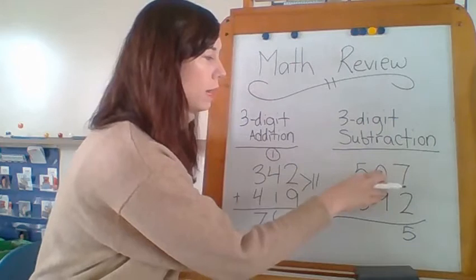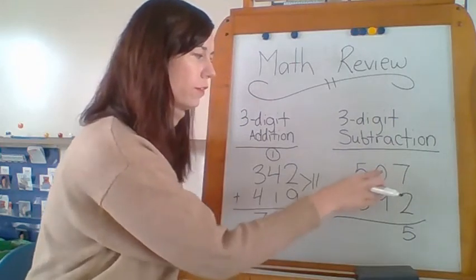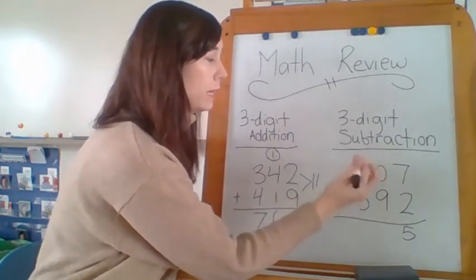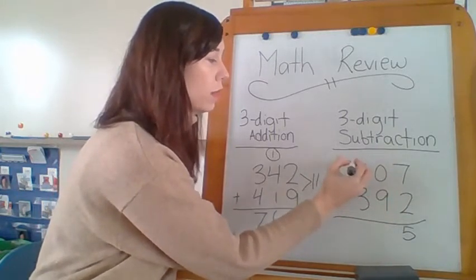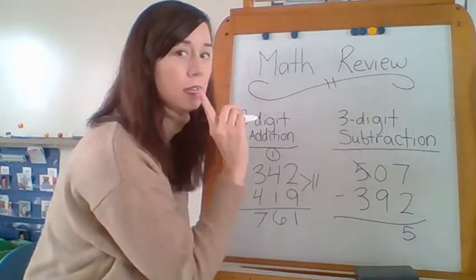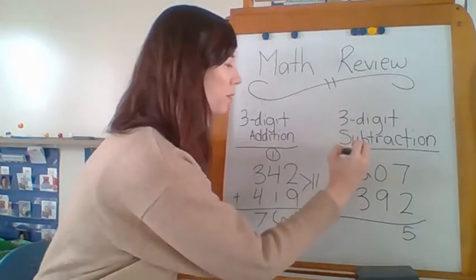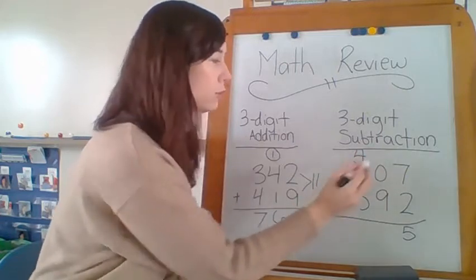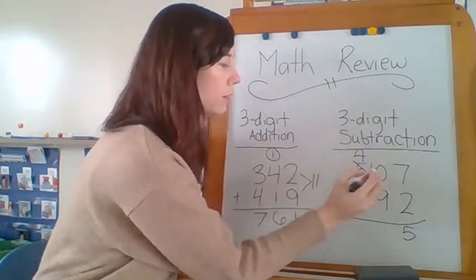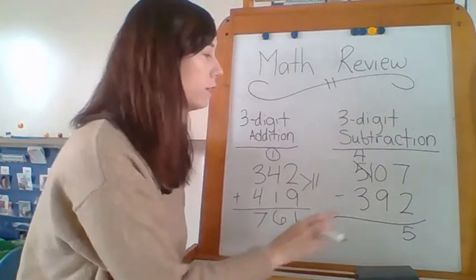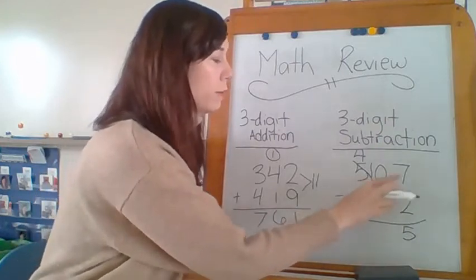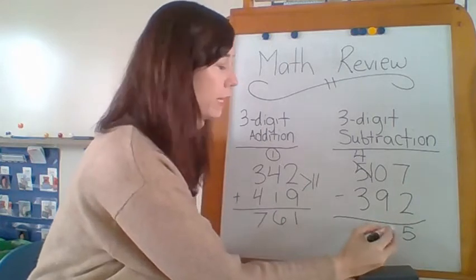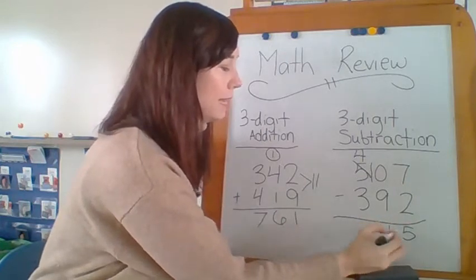All right, now I have 0 up here. So if I ask, is 0 bigger than 9? It's not. So what I need to do is go to the hundreds place and ungroup. You're right. So I'm going to ungroup that into a 400. I'm going to share the extra 100 over here in the tens place. Now I have 100 minus 90 is 10.